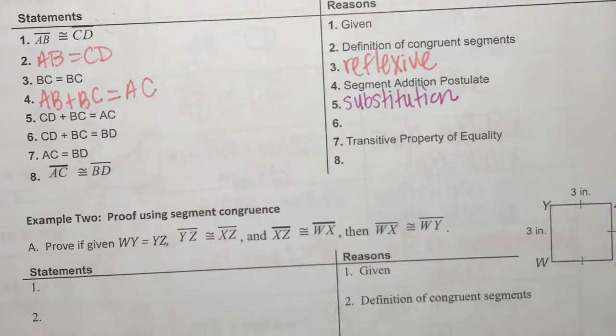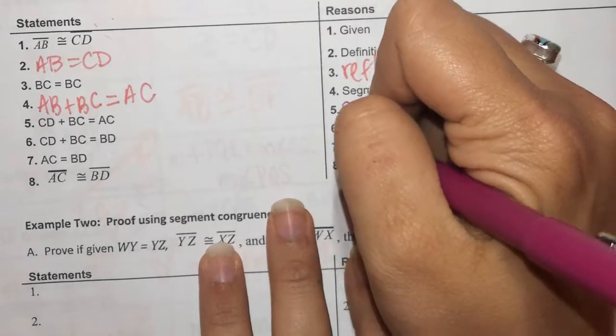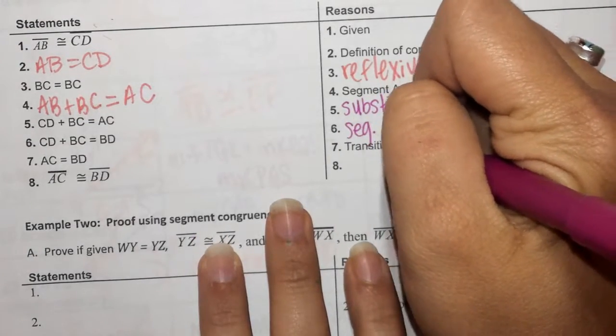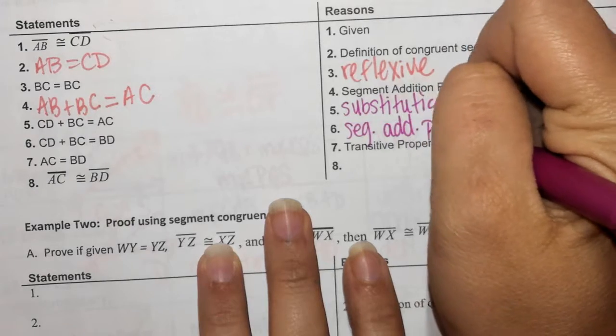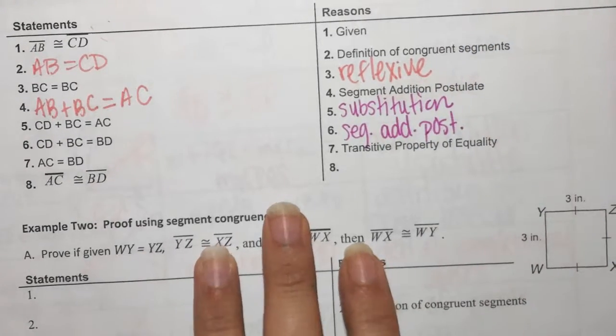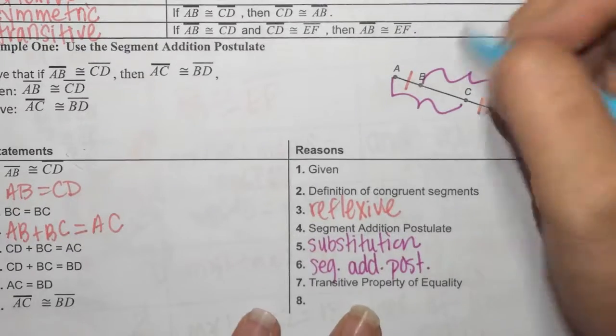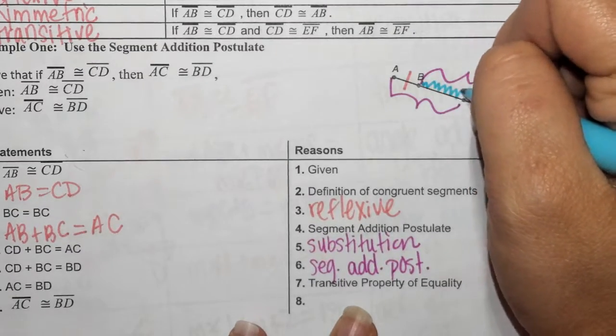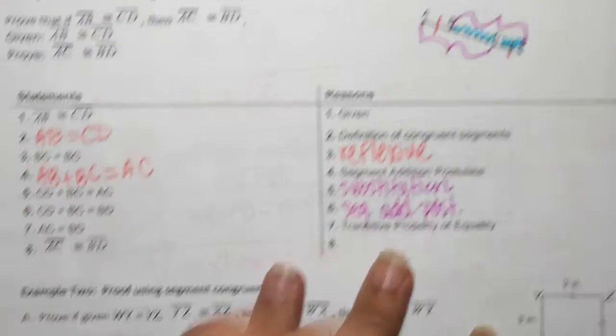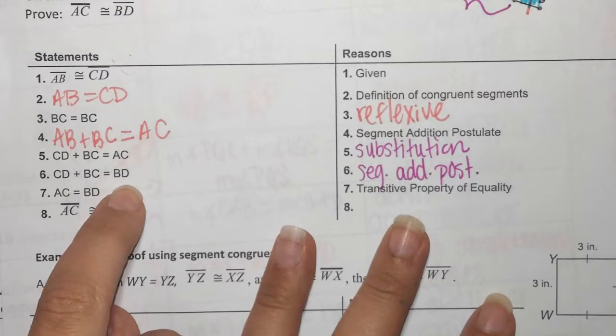Okay, then what did they do? They didn't use substitution. Segment addition postulate again. The reason we know they used the segment addition postulate again is because they added the rest of our segment up right here. They did this guy plus this guy to get the whole thing.